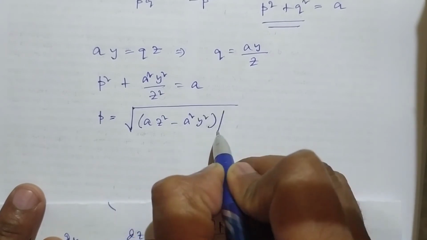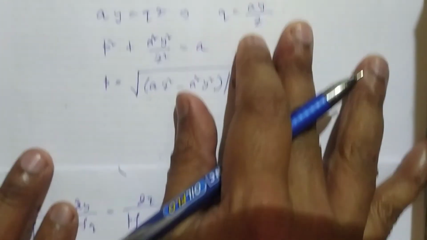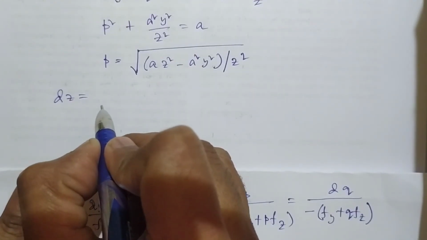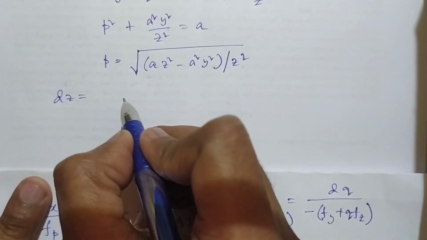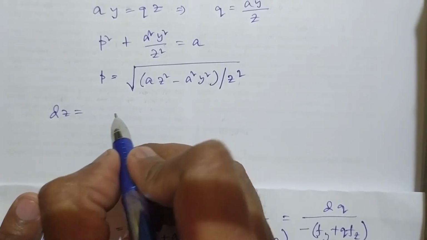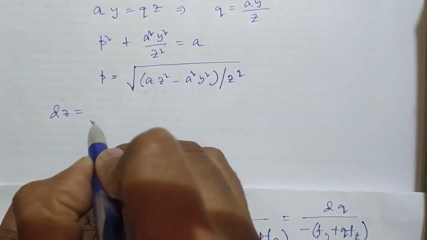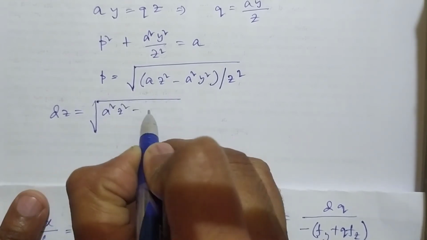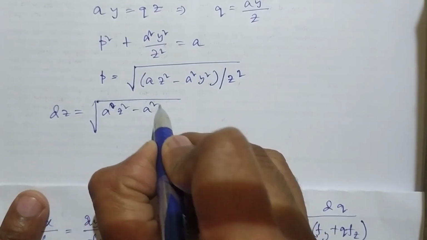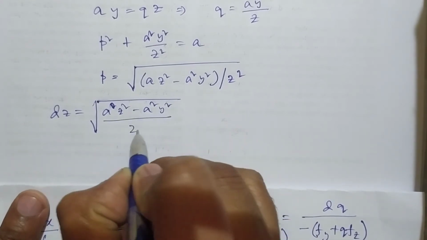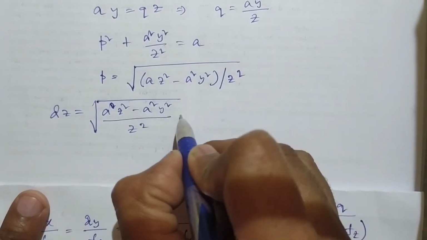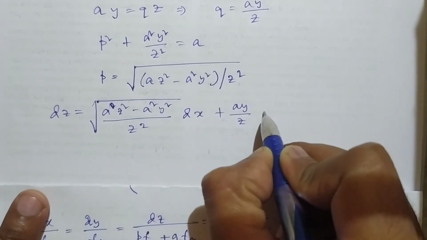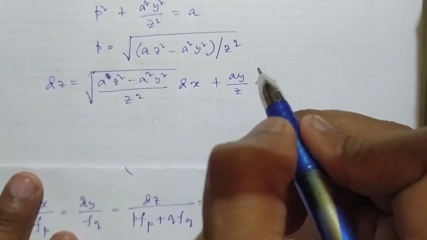Now dz is equal to p dx + q dy. So this is the big thing: √(az² − a²y²)/z dx + (ay/z) dy, right?